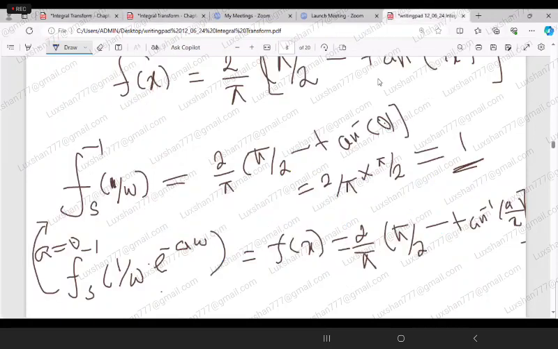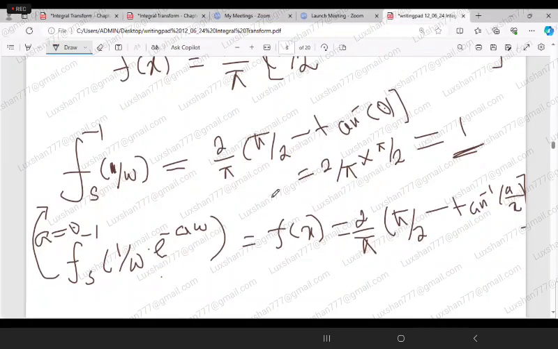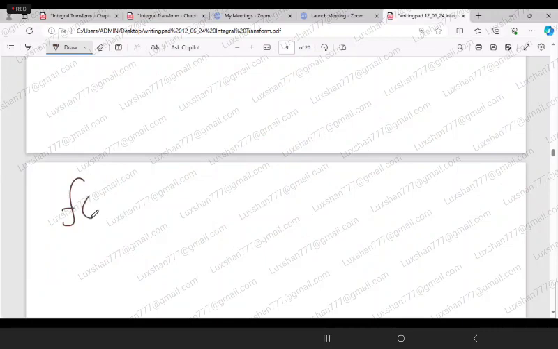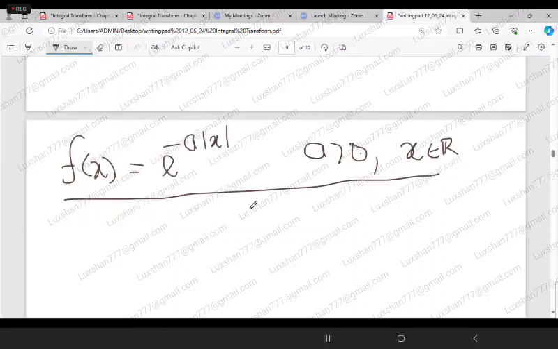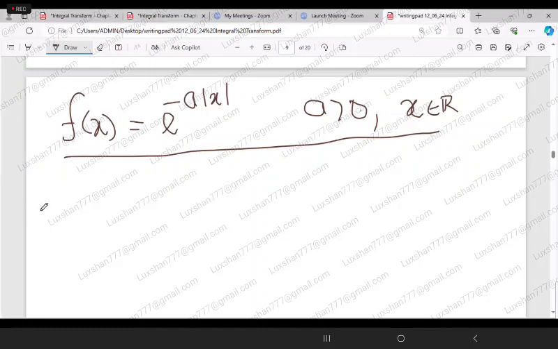Our function here is f(x) equal to e to the power minus a mod x, where a is positive and x belongs to R. Now we'll find the Fourier transform of this function. Since it's a Fourier transform, we'll write F bar, and we are going to use the definition.